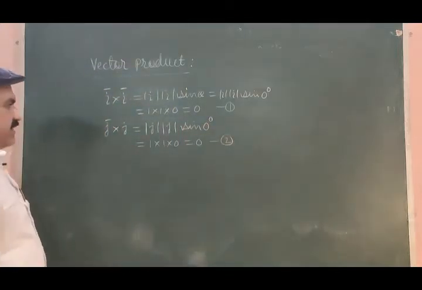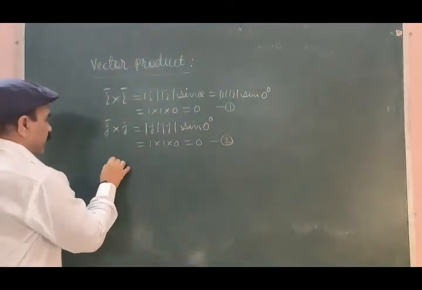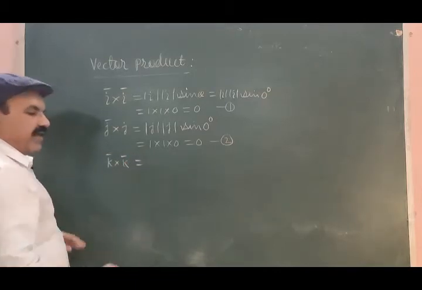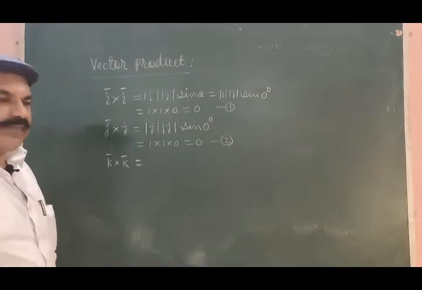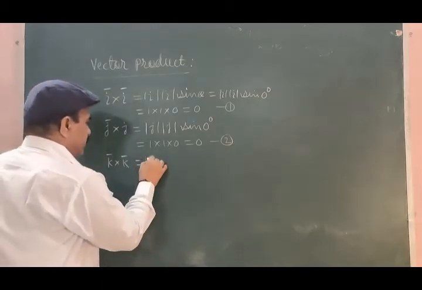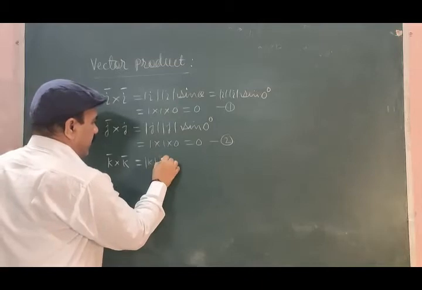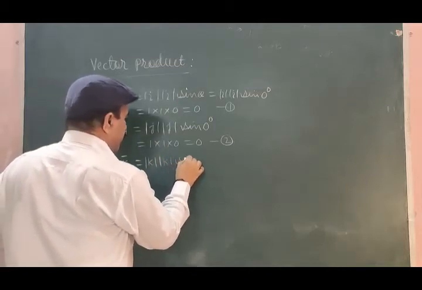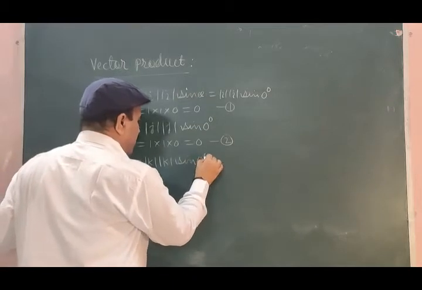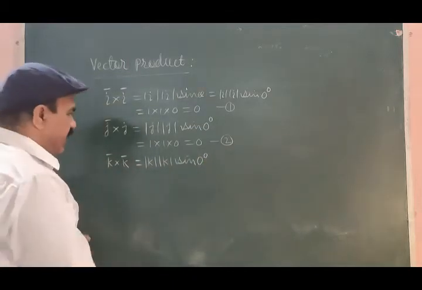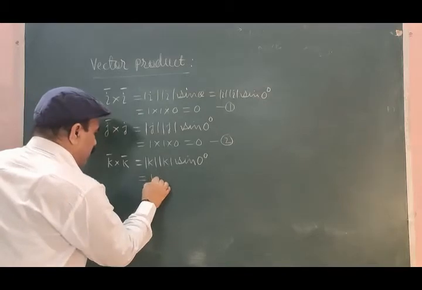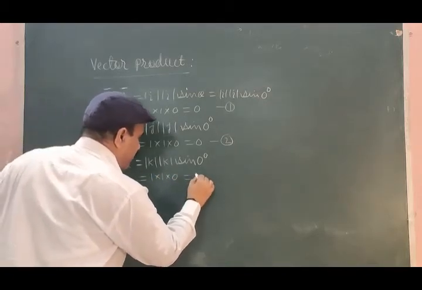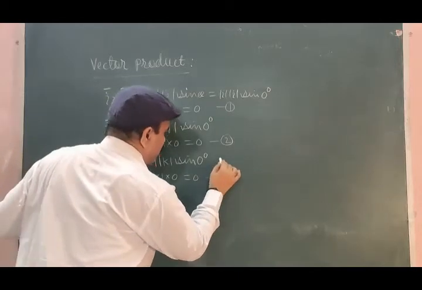Then similarly k cross k is magnitude of k into magnitude of k into sine 0, equal to 1 into 0, which is 0.